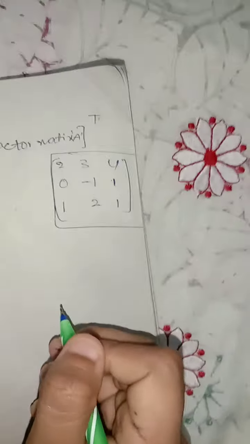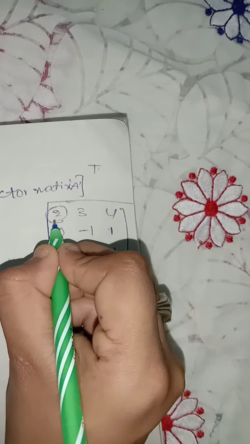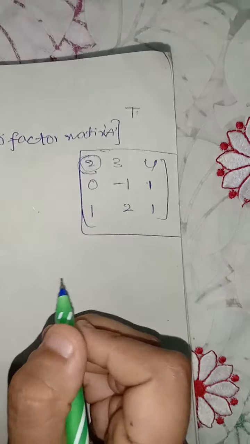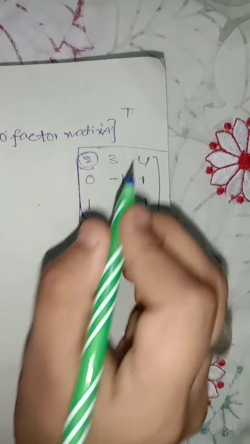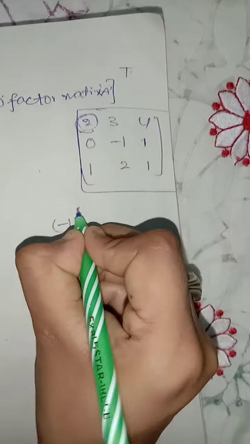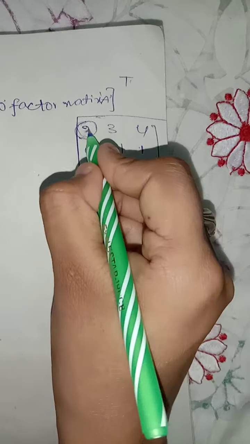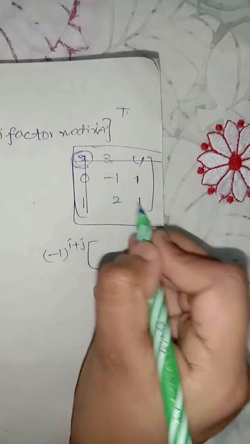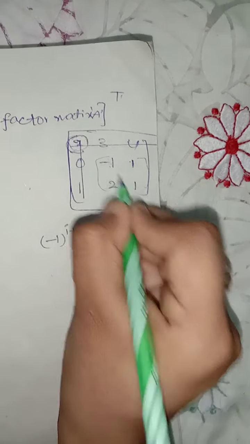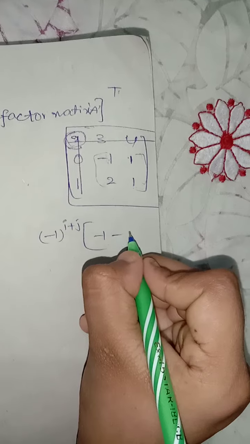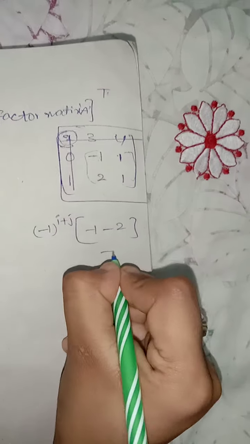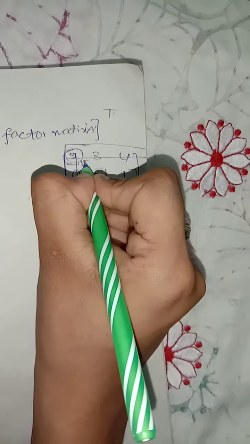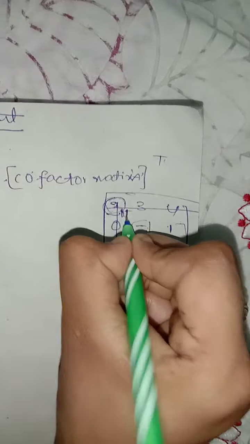I just say only one example. Then find the cofactor of 2. What is the formula of cofactor? Minus 1 whole to the power of i plus j into closing its corresponding row and column and finding the det. Here i is 1 and j is 1.